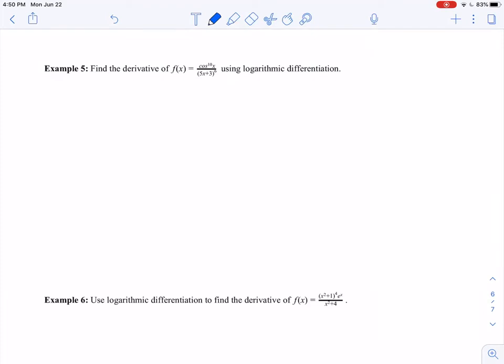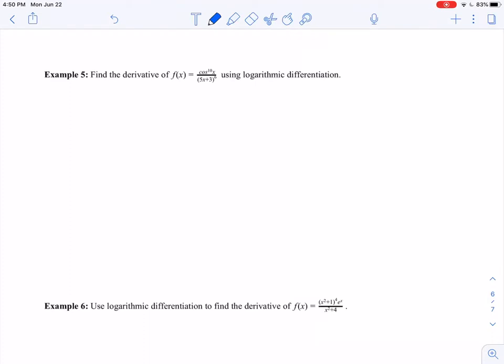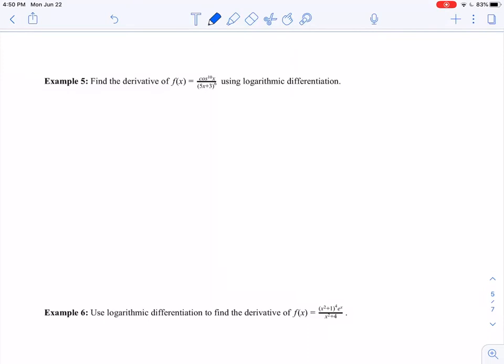First up, I have f of x equals cosine to the 10th of x divided by 5x plus 3 to the 6th power. If I was to take this derivative without using logarithmic differentiation, this problem would require a chain rule for the numerator, a chain rule for the denominator, and then a quotient rule for the overall fraction.